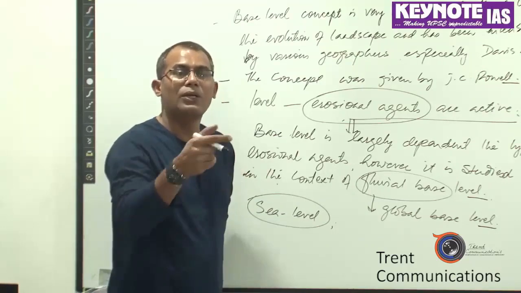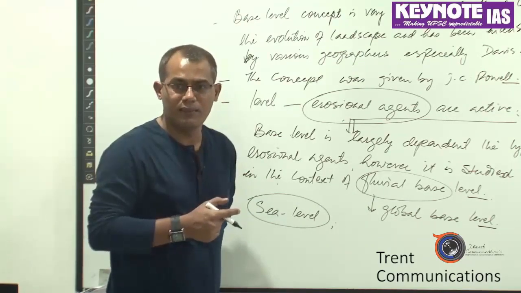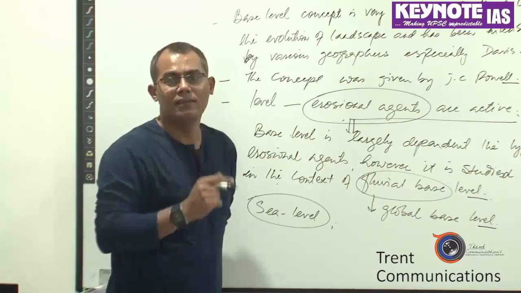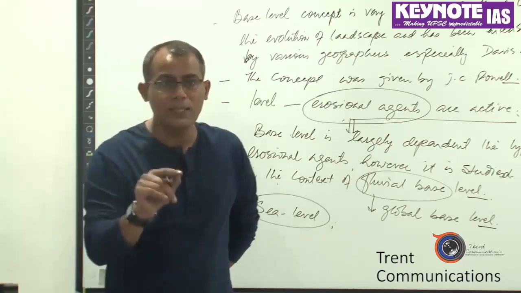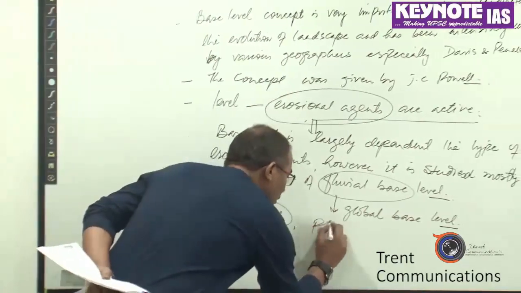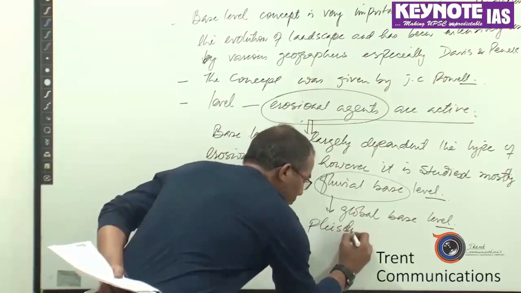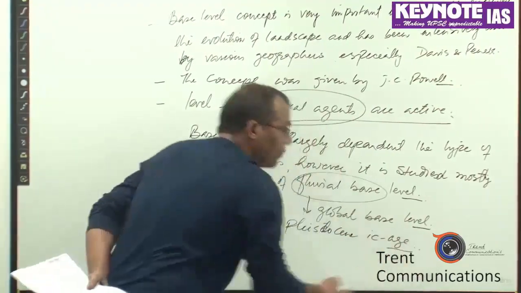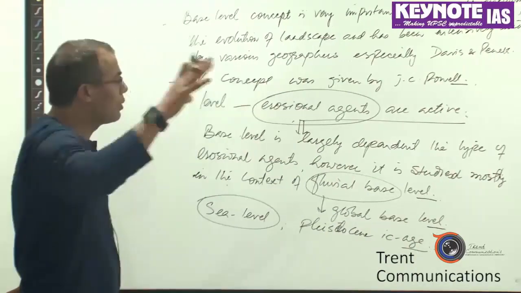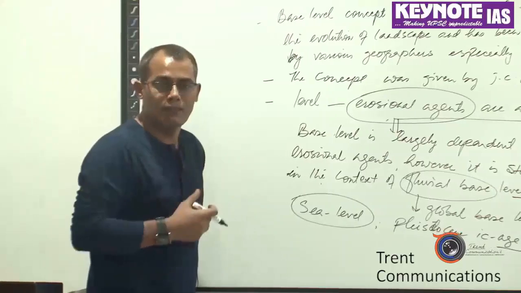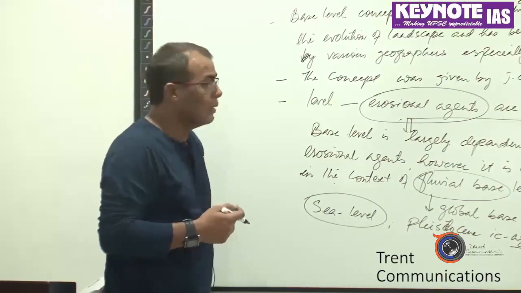For example, during the Pleistocene period, the sea level was much lower and the base level got reduced. Right? So you can mention here the Pleistocene Ice Age in a nutshell. Just in one go you can talk about the sea level change and its associated impact on base level. Right?